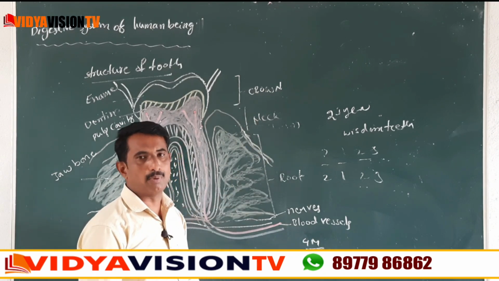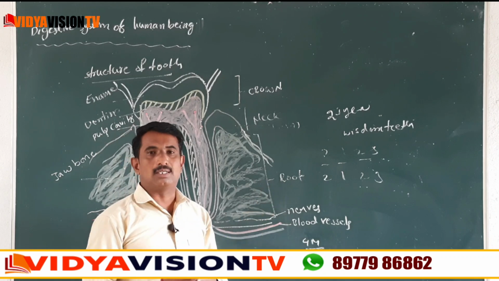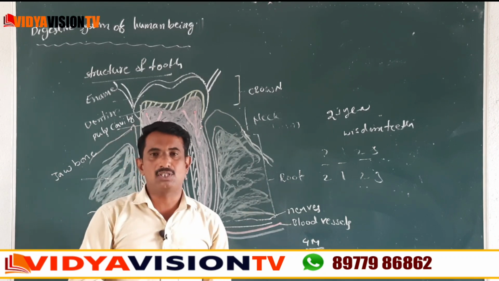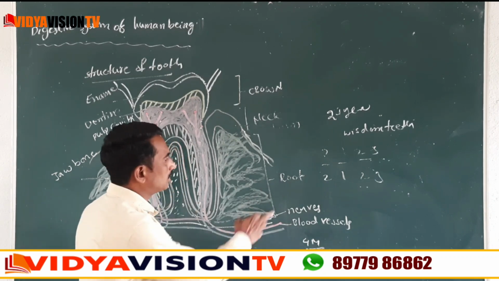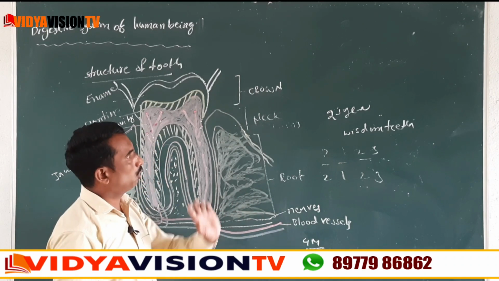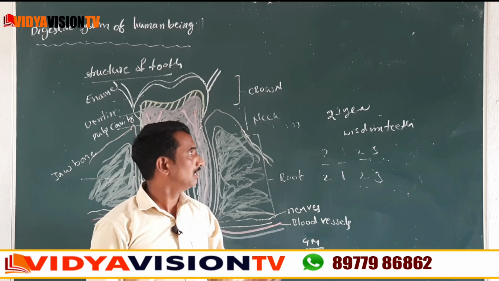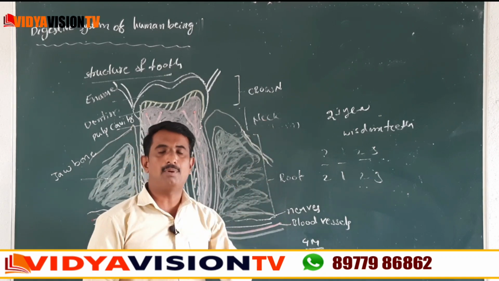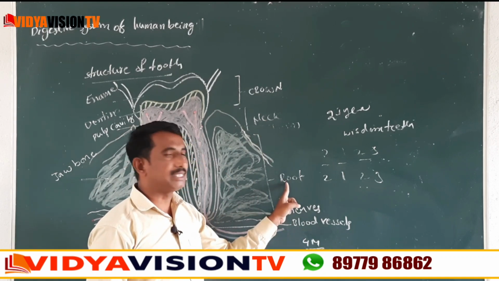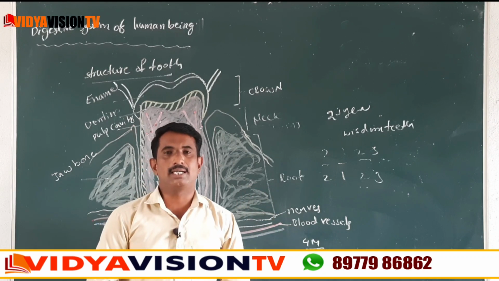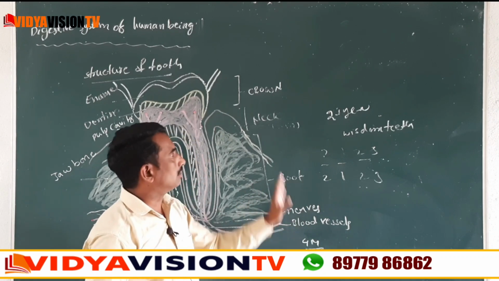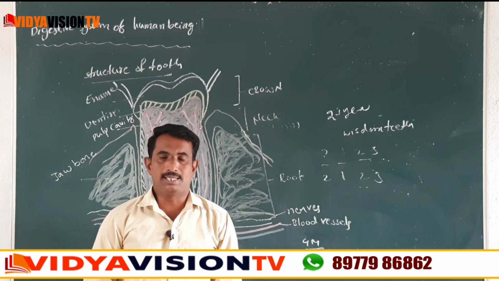Now root: the tooth is embedded in the socket of the jawbone, and that part is called the root. So these are the mainly 3 parts.